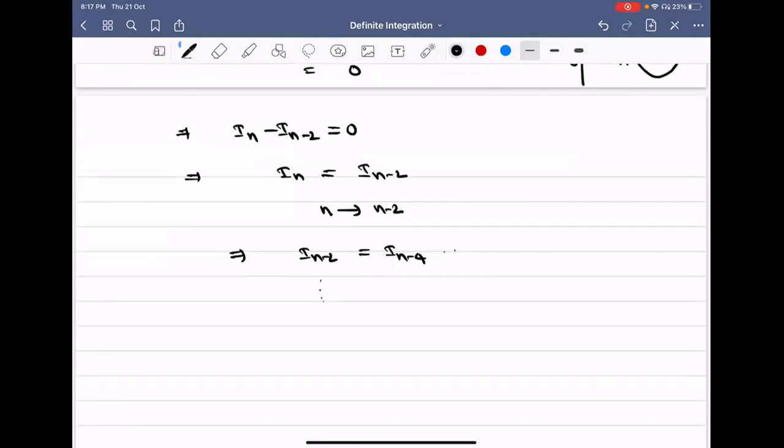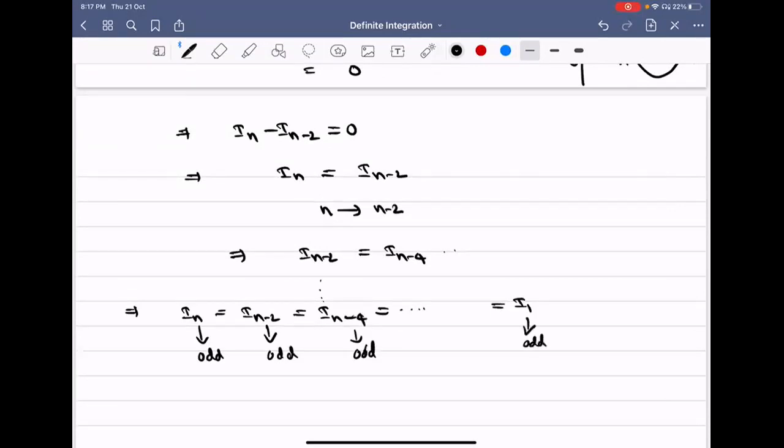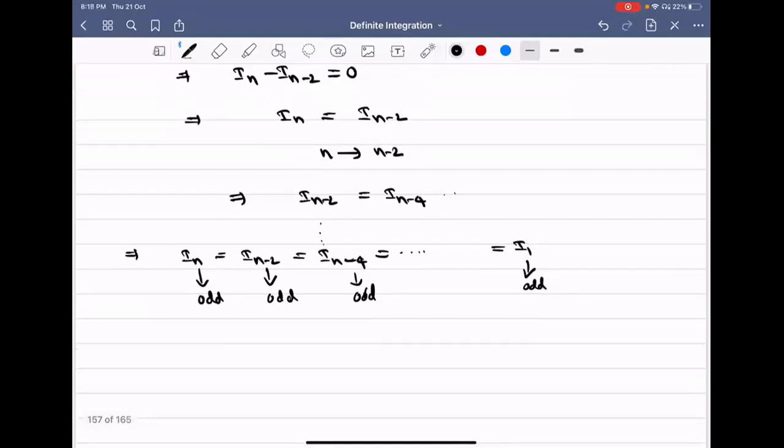So from here you can write I_n is equal to I_{n-2} is equal to I_{n-4} is equal to etc., all equal to I_1. Here n is odd, n minus 2 is odd, n minus 4 is also odd, therefore all are equal, down to I_1.